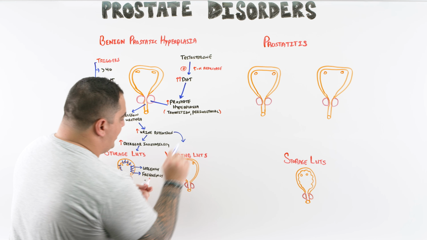But the question I want you to start asking yourself is, what's causing the prostate hyperplasia? Well, oftentimes it's a very specific hormone called DHT, dihydrotestosterone. Our body makes testosterone, and testosterone is converted into DHT via an enzyme called 5-alpha reductase.